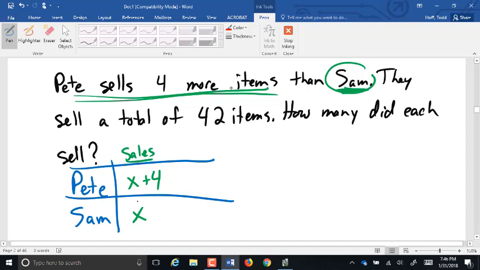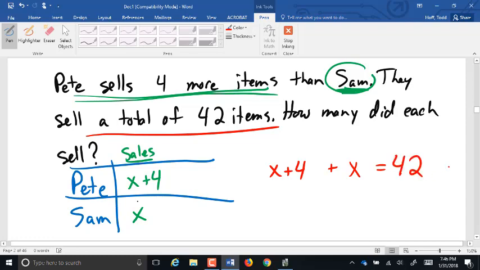So now there's a total of 42. So X plus 4, that's Pete's sales, plus Sam's sales, which is X, adds up to 42. And now to solve this, I have to combine. The variable appears twice on the left side there. What's X plus X?